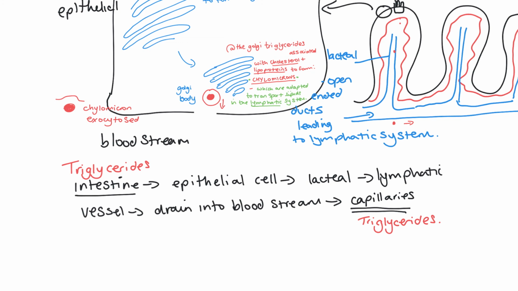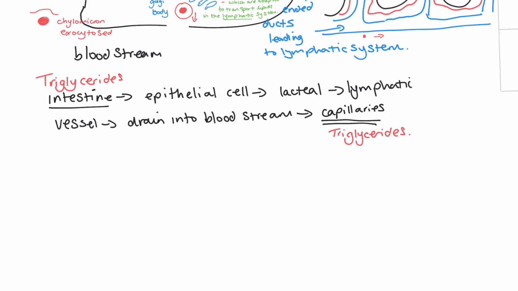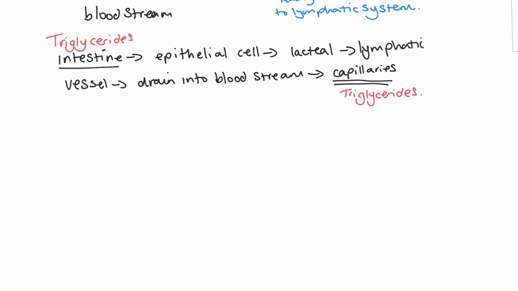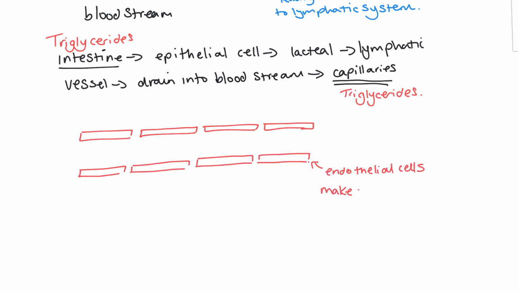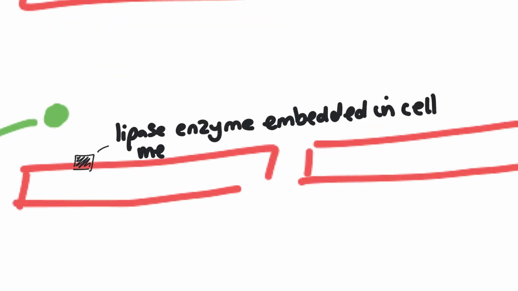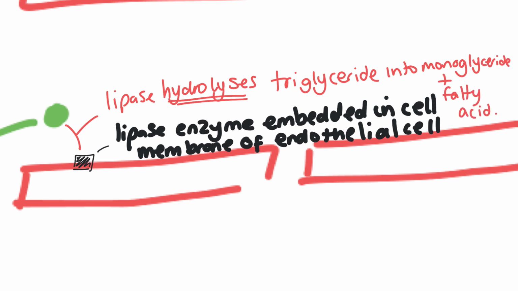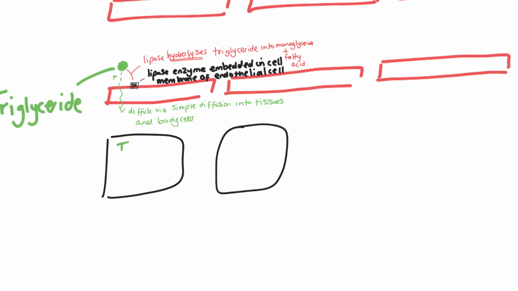Now, in the capillaries, there are enzymes embedded in the membranes of the endothelial cells of the capillary. So if we think for a moment about a capillary wall, what did we just see?